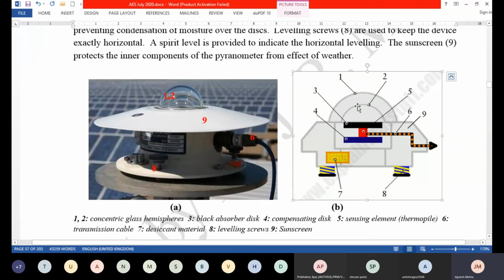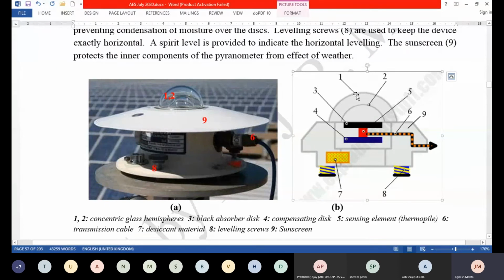The glass material should be high quality so that the transmissivity is very high. We have such a pyranometer, the secondary standard pyranometer, in our lab. Let's see if it is possible sometime to show you that. It looks very similar to what you see here in this picture.